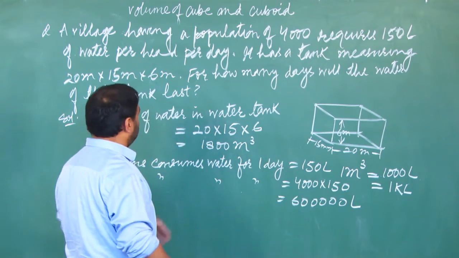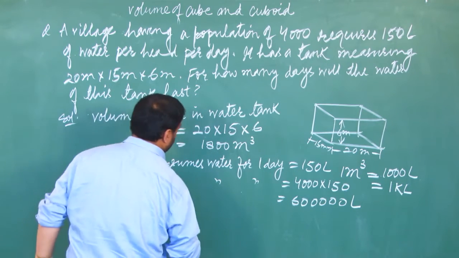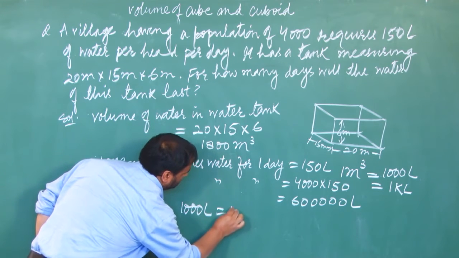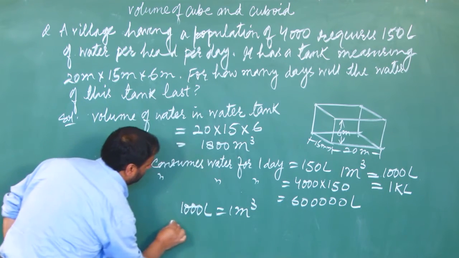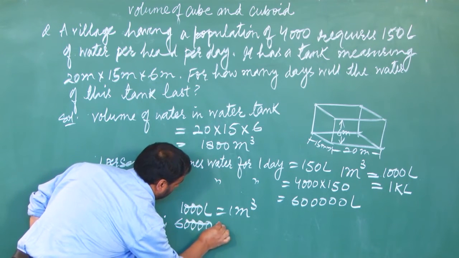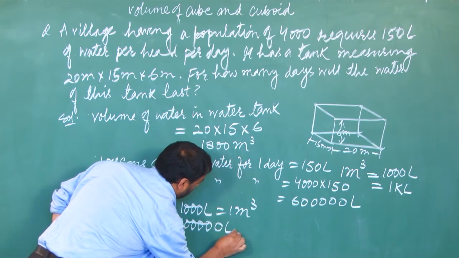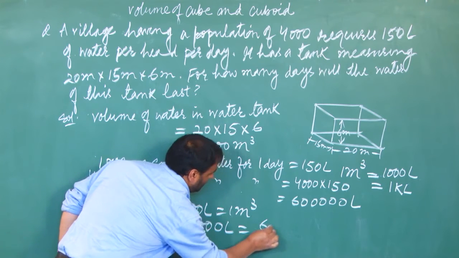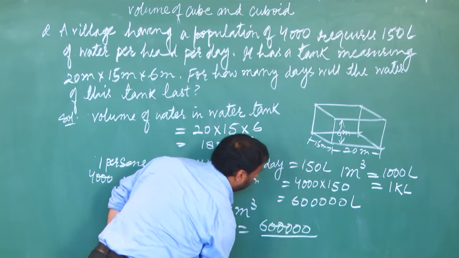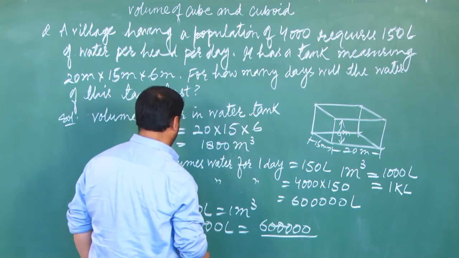We can convert this liter into meter cube because 1000 liters is equal to 1 meter cube. Therefore, 6 lakh liters is equal to 6 lakh divided by 1000.